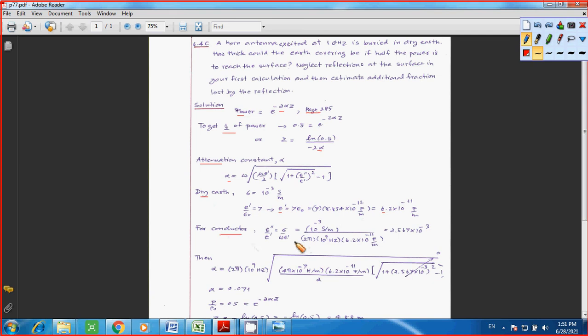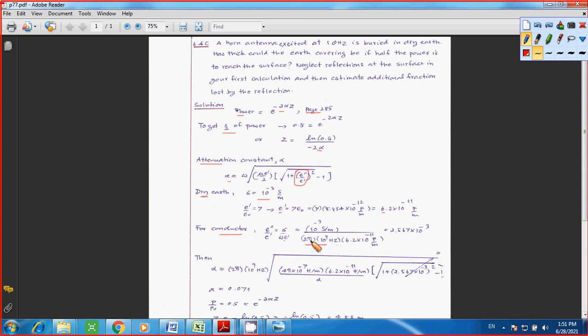For a conductor, you also need the term epsilon double prime over epsilon prime, equal to sigma over omega epsilon prime. Your sigma for dry earth is 10 to the negative 3 siemens per meter. Omega is equal to 2 pi f, and the frequency given is 1 gigahertz, that's 10 to the 9th hertz.